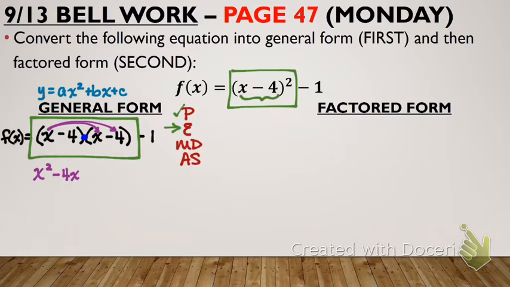And then I'm going to take the negative 4 and I'm going to distribute that as well. So I get another minus 4x. And then what happens when I do negative 4 times another negative 4? It becomes a positive. Positive what? 16. Positive 16.